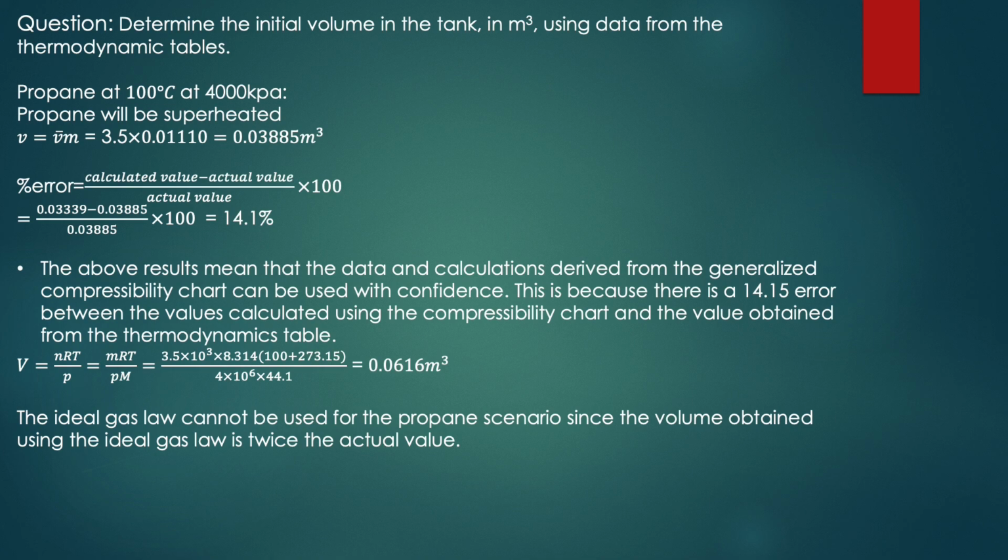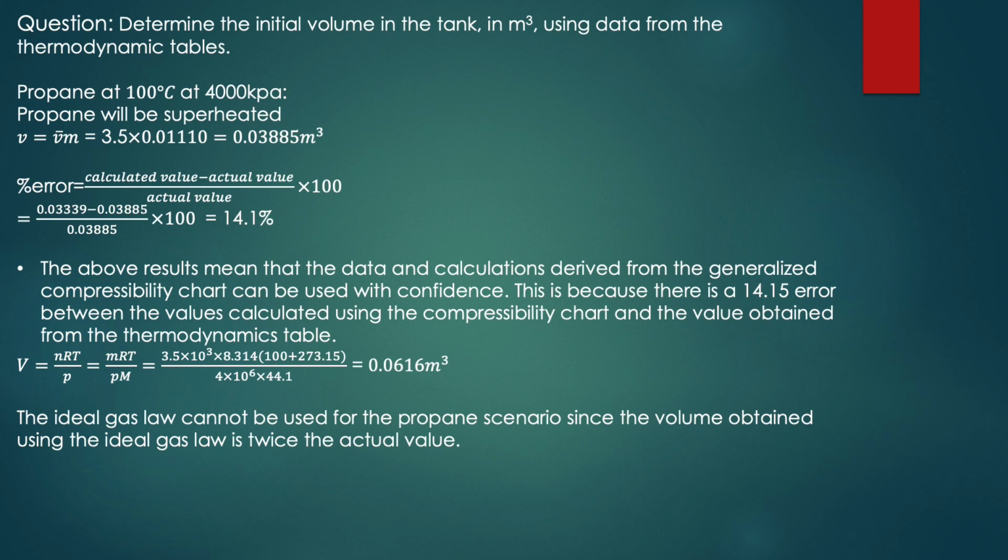The specific volume V of propane was 0.0110 meter cube per kg and mass M as 3.5 kg. Then we calculated that the initial volume was 0.3885 meter cube.